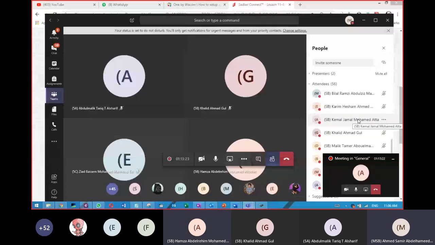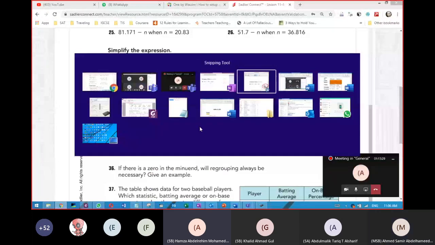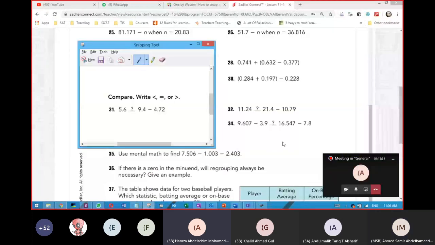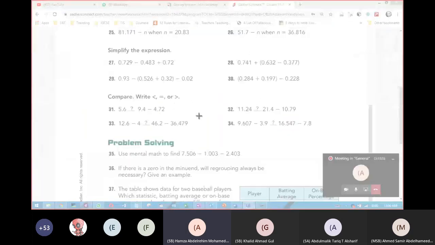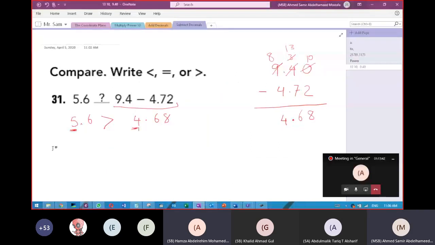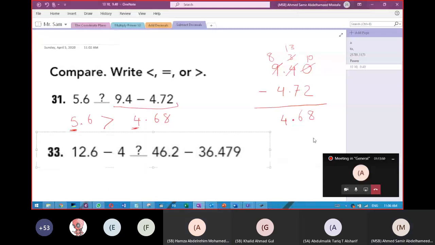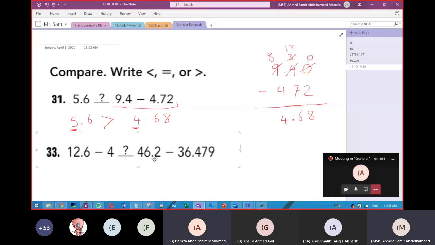We're doing number 33. 12.6 minus 4 equals 8.6. All right, let me write this down for you here. So we have 12.6 minus 4 and 46.2 minus 36.479.